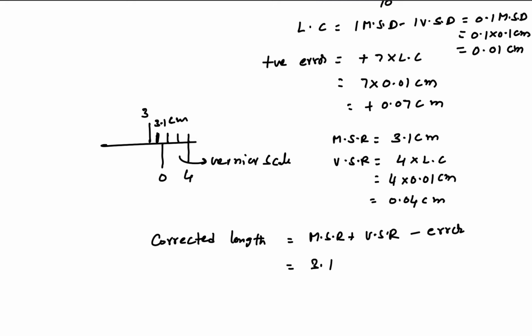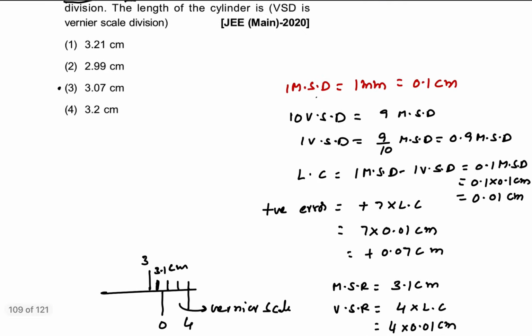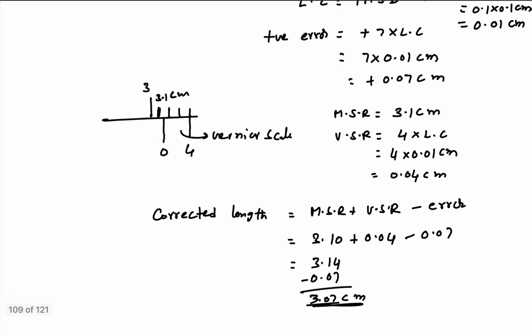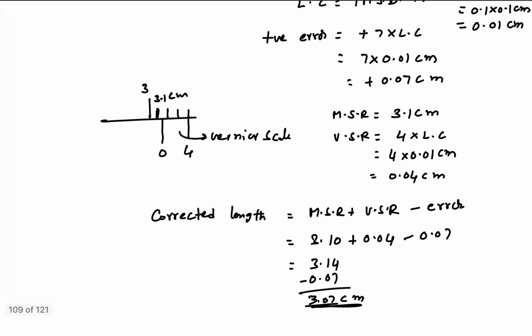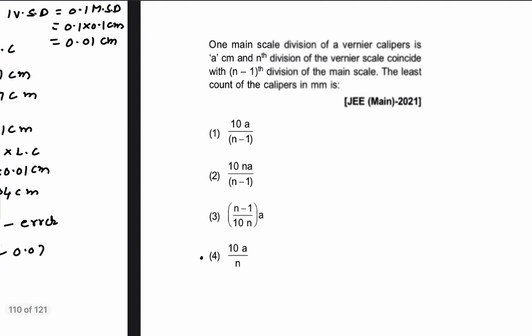So this value is 3.10 plus 0.04 minus 0.07. Overall we can write it as 3.14 minus 0.07. So 3.07 centimeters is the required answer. You can see 3.07 is the answer. This process you observe, how I proceeded.